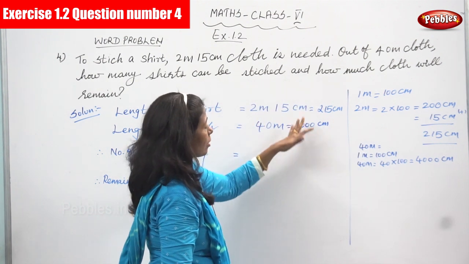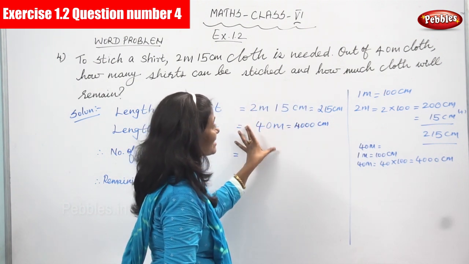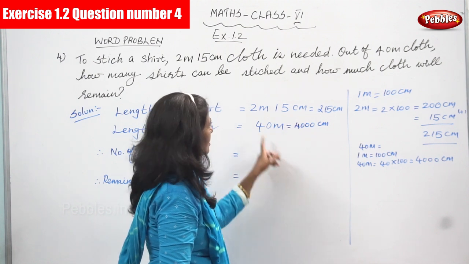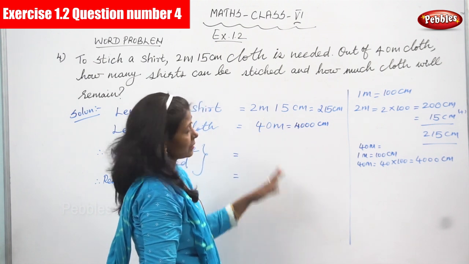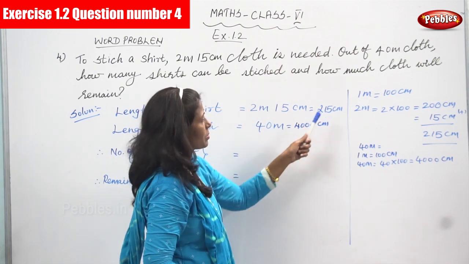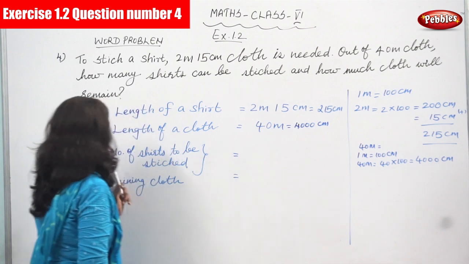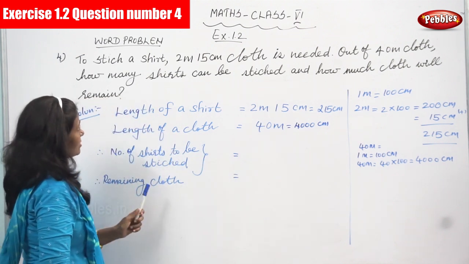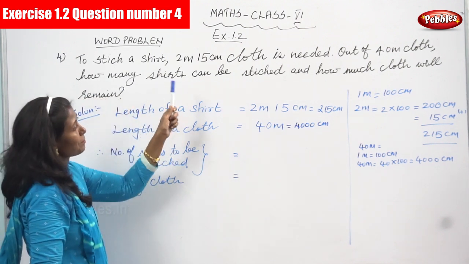So you convert both measurements into the same unit, a single unit. This is centimeter, this also centimeter. Now, the number of shirts to be stitched, that is what they ask you. How many shirts can be stitched?